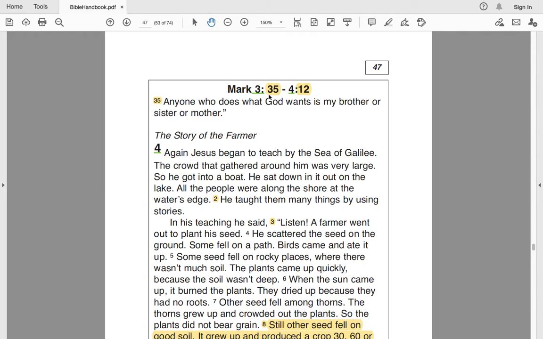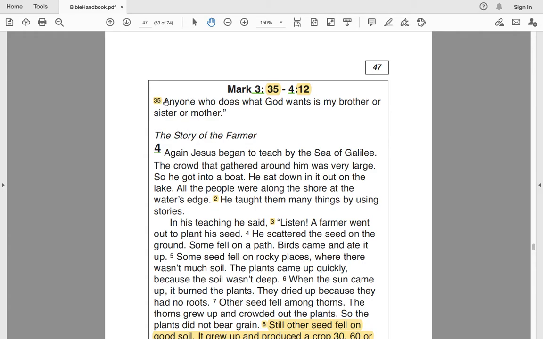Mark chapter 3, verse 35 through Mark chapter 4, verse number 12. Anytime I see a number that represents a chapter, I underline it. Anywhere in the page that I see a smaller number that indicates a verse, I'd like to circle it.